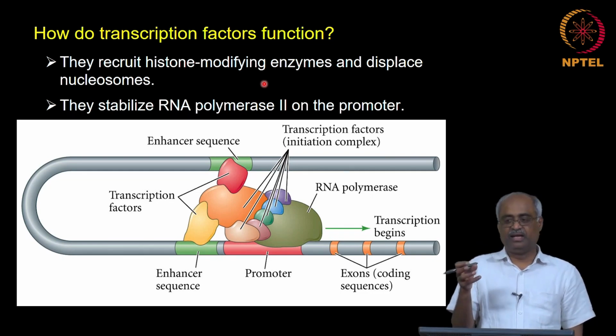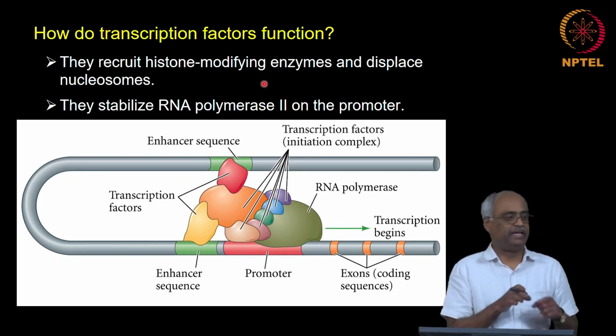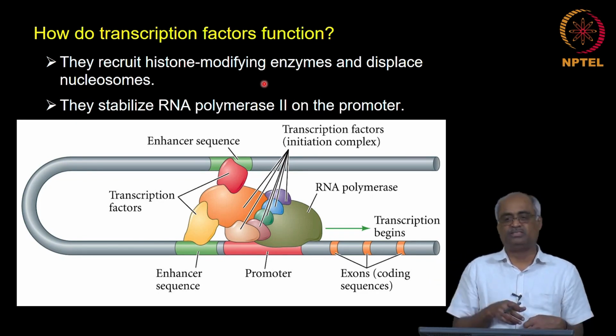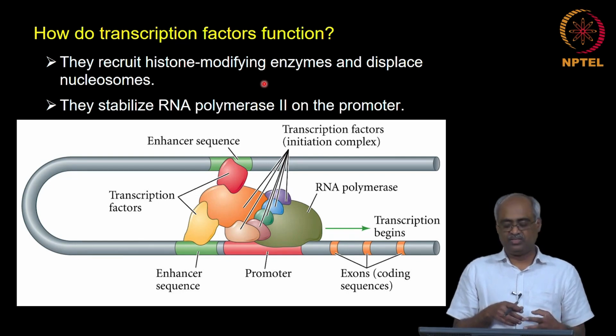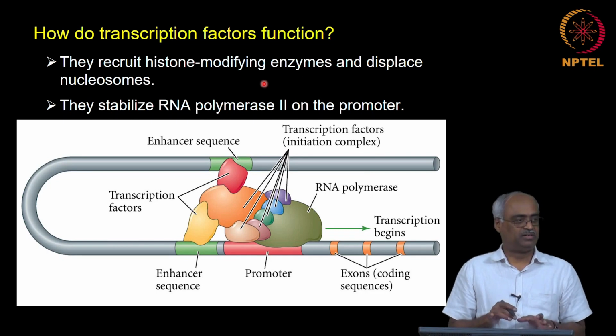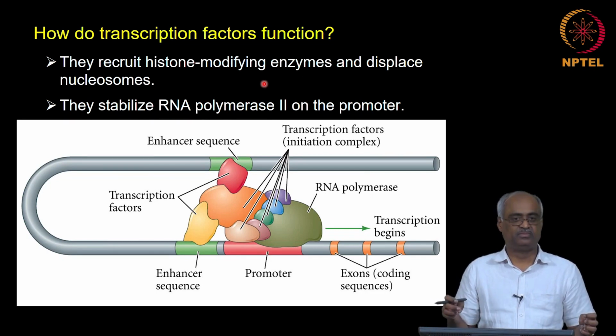And by doing that, they will displace the nucleosome structure and the DNA gets opened up and more accessible for RNA Pol2 and other transcription factors. So essentially by altering the modifications on histones, they open up the chromatin. Okay, so that allows transcription.